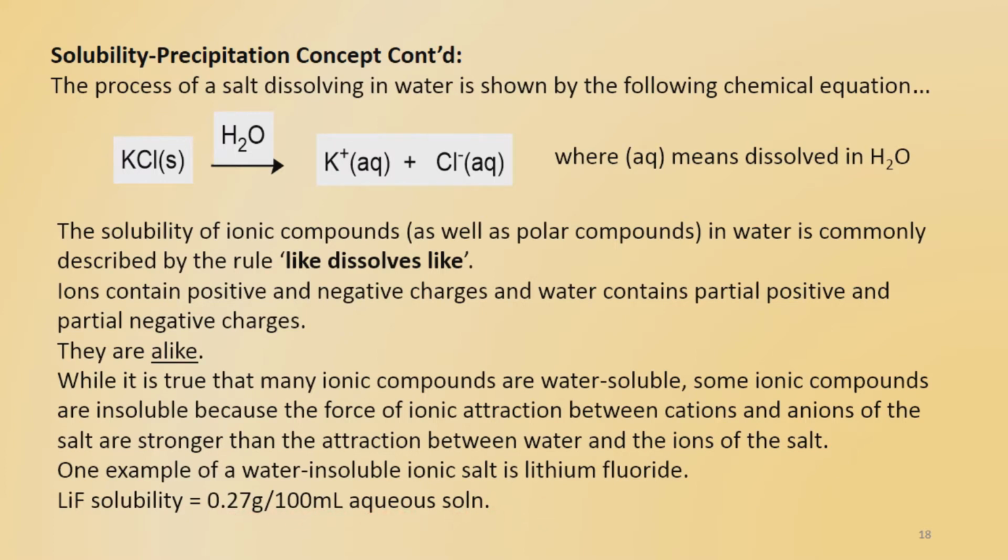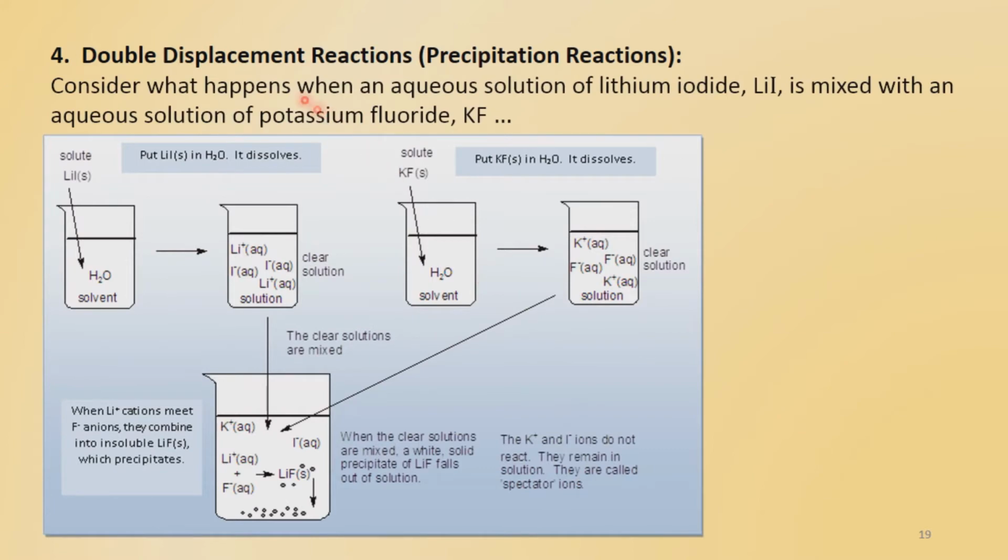It's quite insoluble. Let's consider what happens when an aqueous solution of lithium iodide is mixed with an aqueous solution of potassium fluoride. So here I'm dissolving lithium iodide in water. Notice the solubility is very high, 151 grams per 100 mL of solution. That's a lot of lithium iodide.